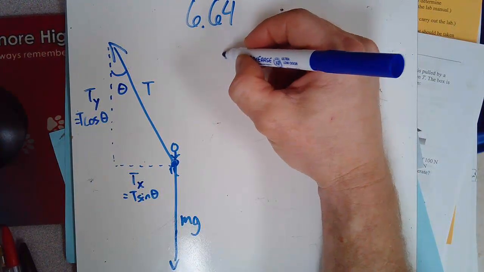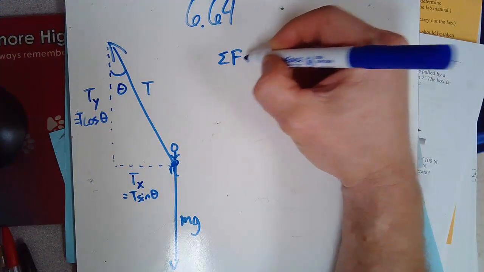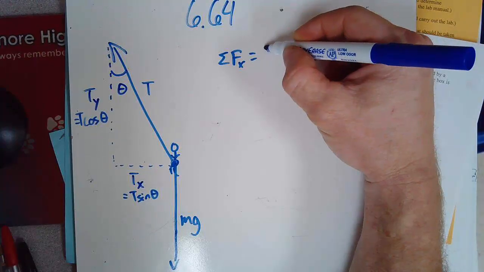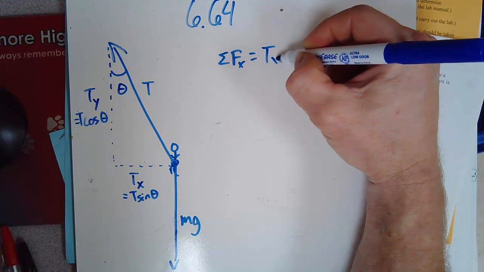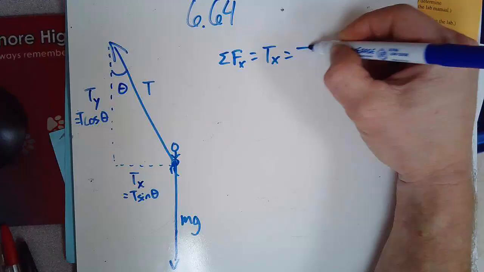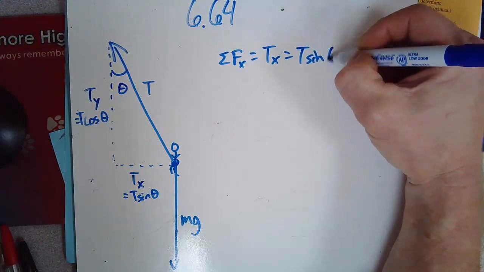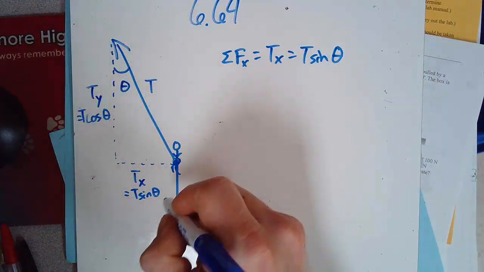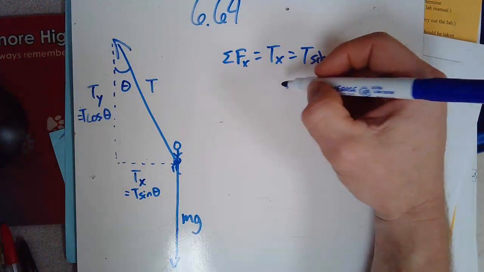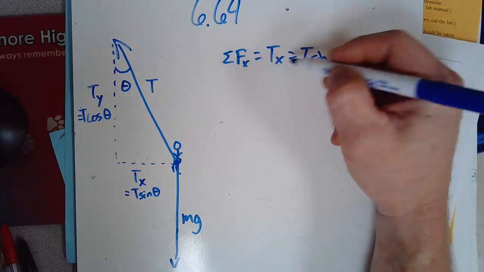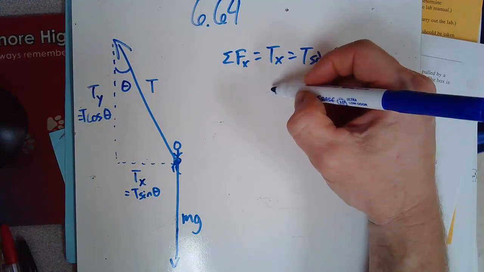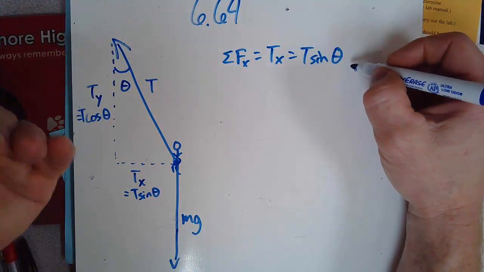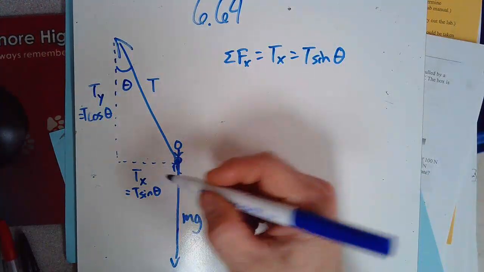Then if I sum my forces, the sum of the forces in the x direction is just going to be Tx, which is T sine of theta. The hardest thing to realize about this whole thing is that the circle is horizontal. What that means is that the force sum in the horizontal direction has acceleration toward the center of the circle.